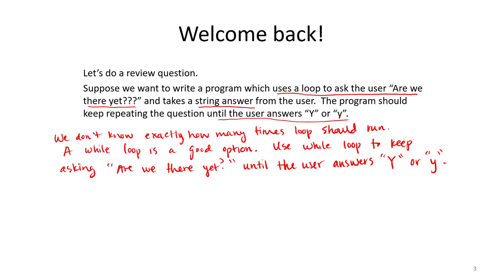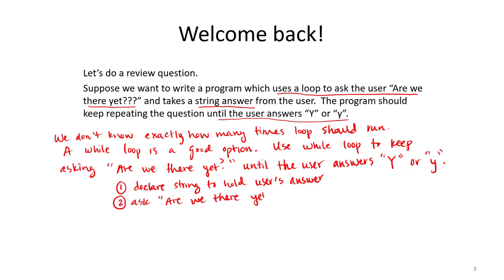So basically here, we just have a few main steps. First, we need to declare a string variable to hold the user's answer. Once we've declared that string, then we can ask the question, "Are we there yet?" and get the user's reply.